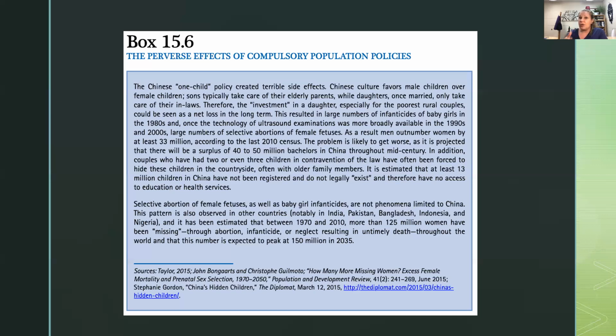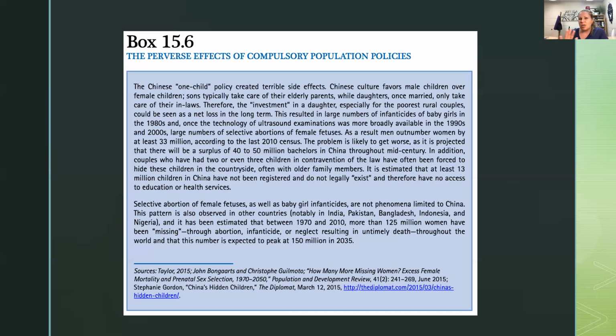We have seen other countries also attempt similar policies. India, Pakistan, Bangladesh, Indonesia, Nigeria, at points in history have had similar policies that have had similarly tragic effects.